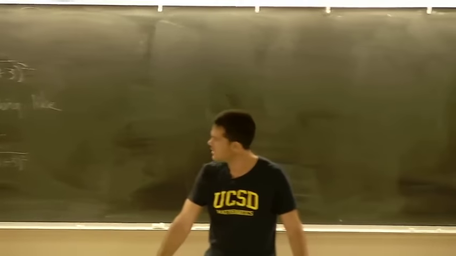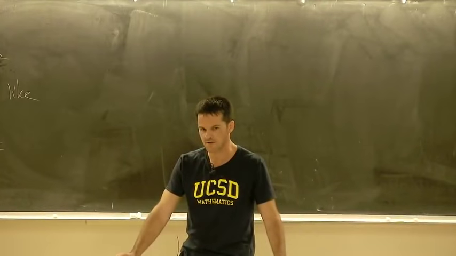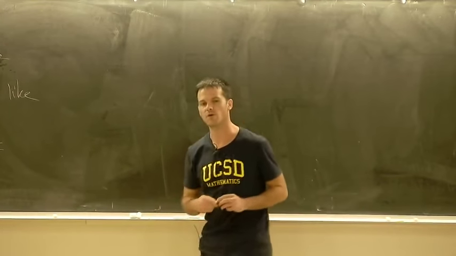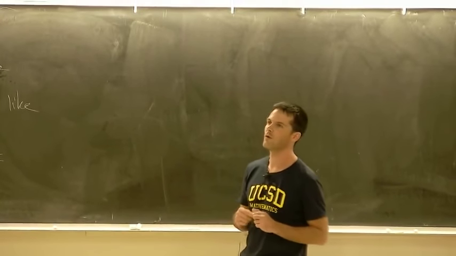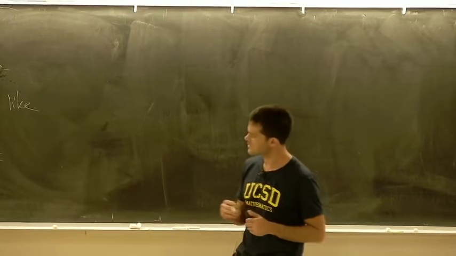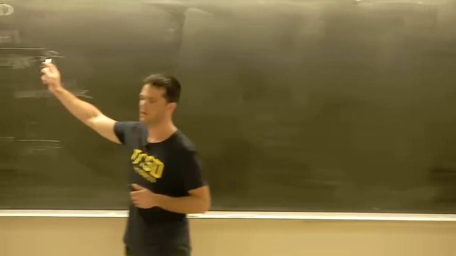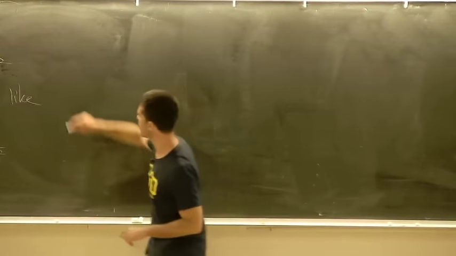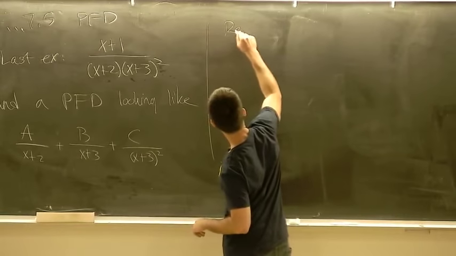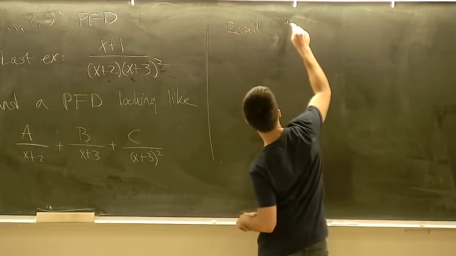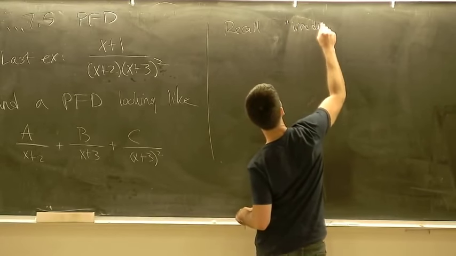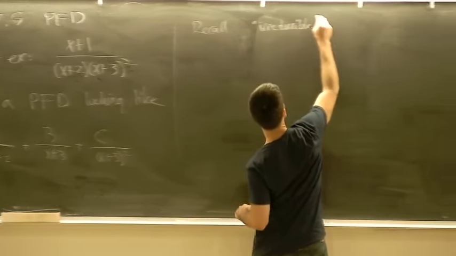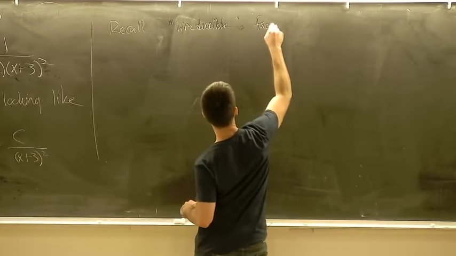Okay, so the next sort of contingency that we need to worry about is, what if some of the factors are those irreducible ones that I was talking about? So recall the irreducible factors.